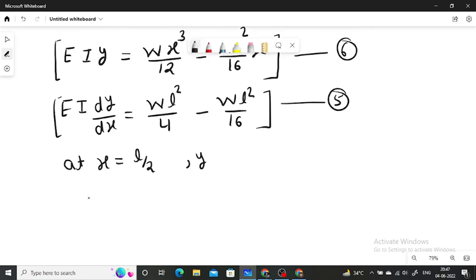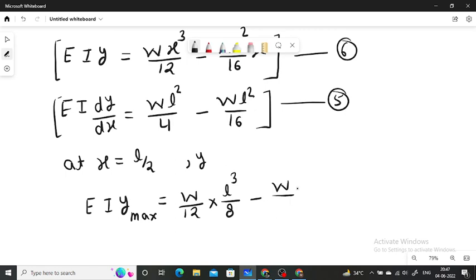Now calculating the deflection at that point using equation number 6, EI into y maximum is equal to W upon 12 into L cube upon 8 minus WL square upon 16 into L by 2.